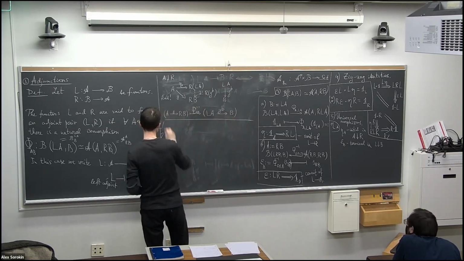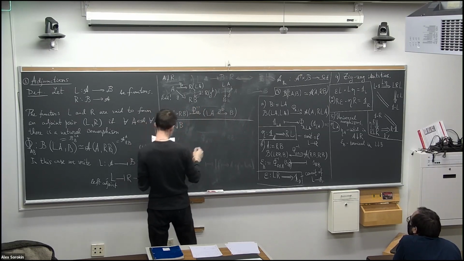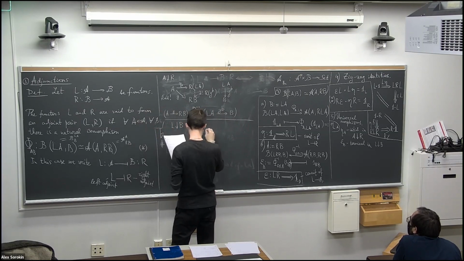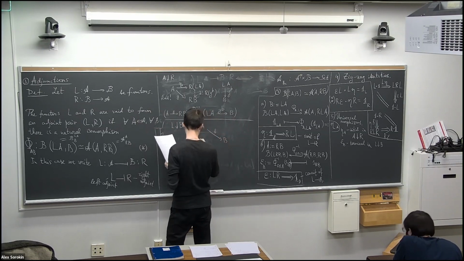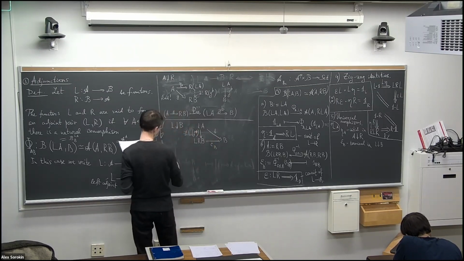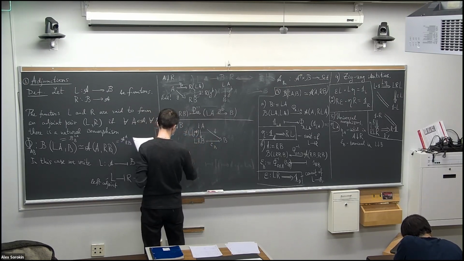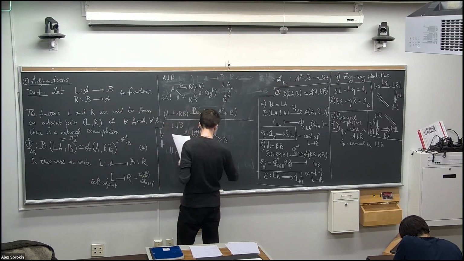A similar story holds in L comma B. So there in L comma B, we'll have LA. Here, let's take F to B. Here will be L R B. Here is epsilon B. And here exists a unique L of F sharp, where F from LA to B corresponds to a map from A to RB.